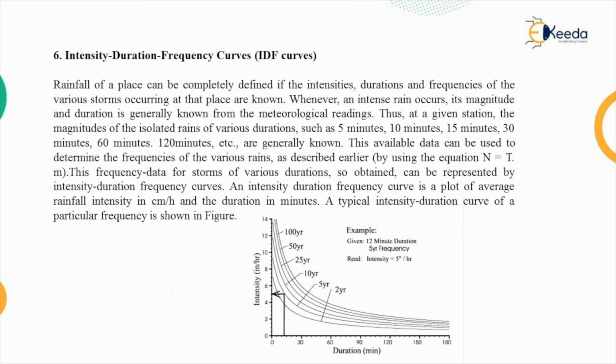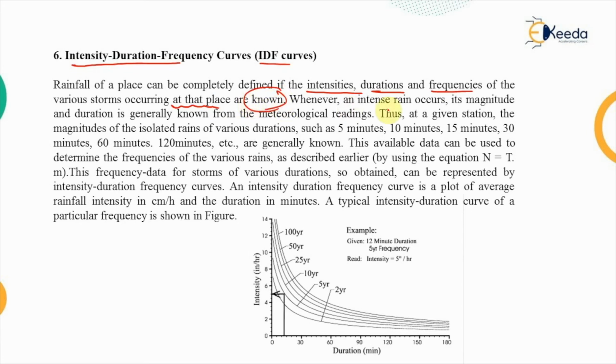Moving on to the last method of representing the data, the intensity duration frequency curve, known as the IDF curves. The rainfall at a place can be defined completely if the intensities, durations and frequency of various storms at that place are known to us.